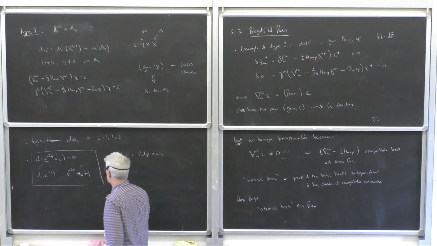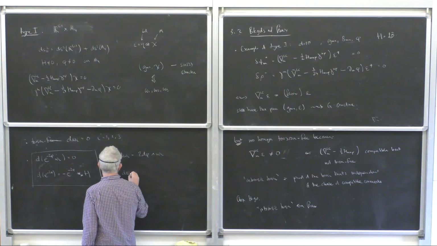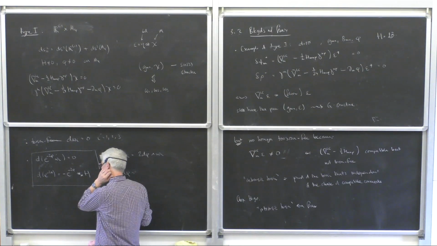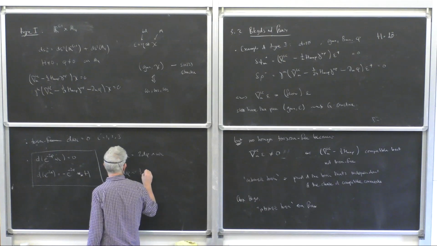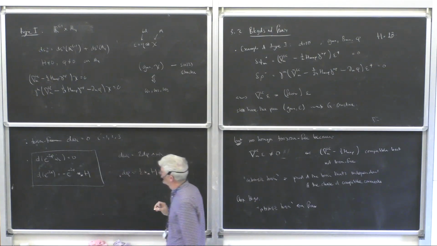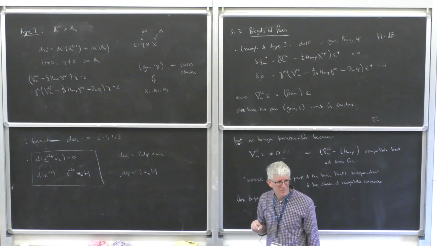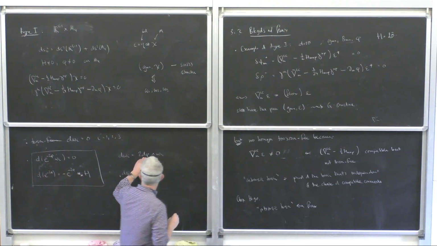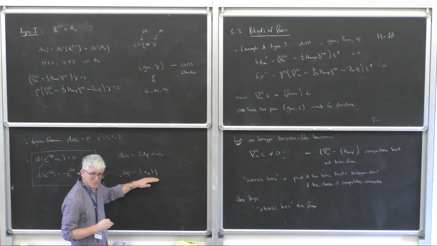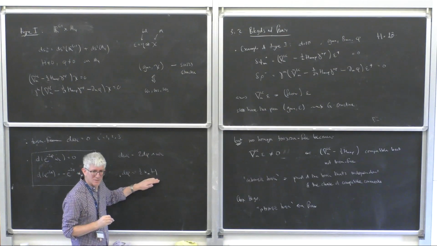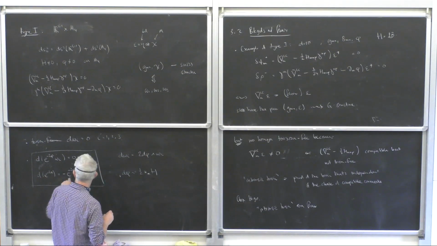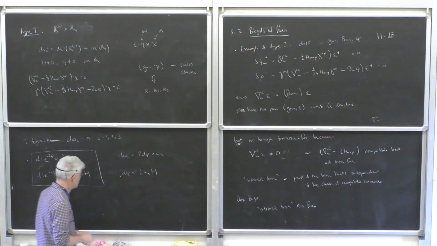And from this equation, we get something like d phi is a half star_M H, I hope. Okay. So we get some torsion here, and the torsion is related to the flux in the way that I said.